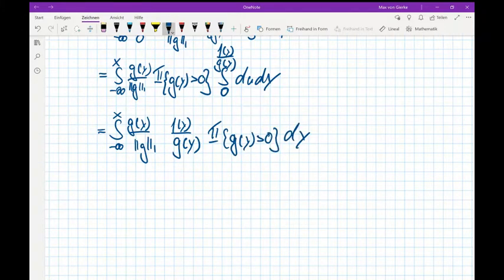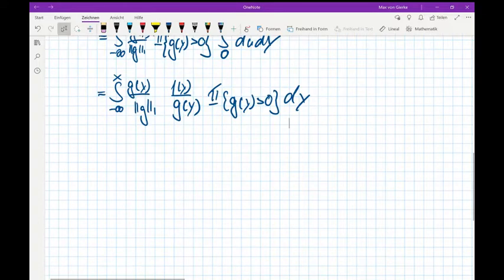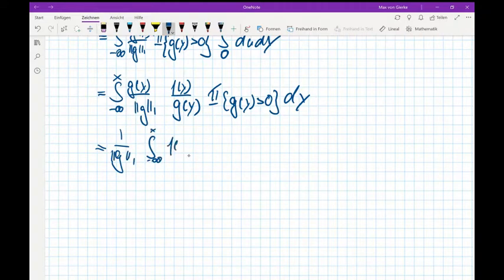Okay, yeah, you can see the g's eliminate each other, so what's left is just f and the indicator function.